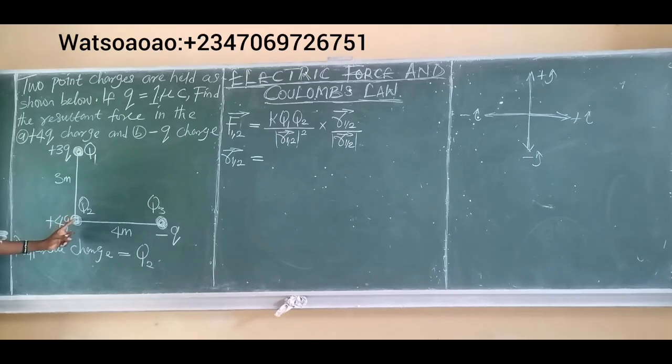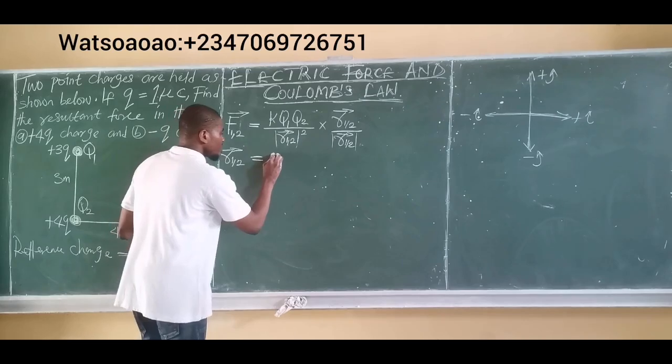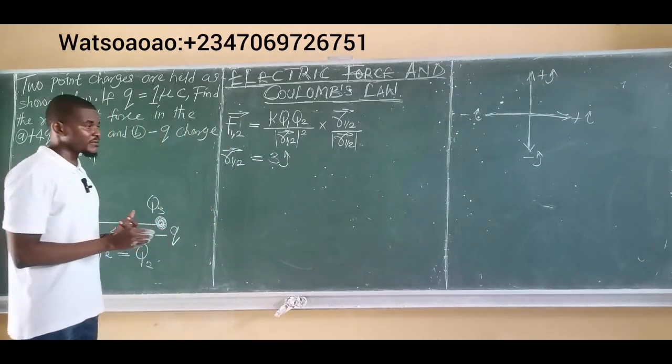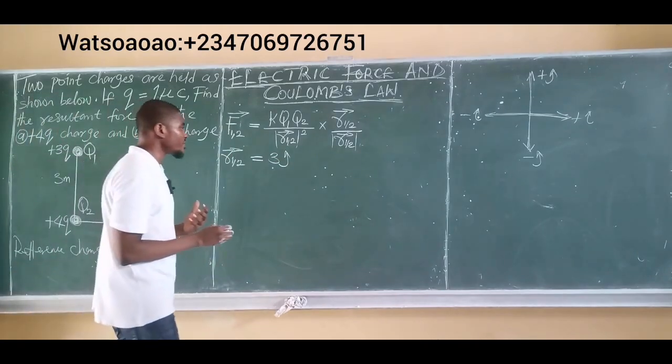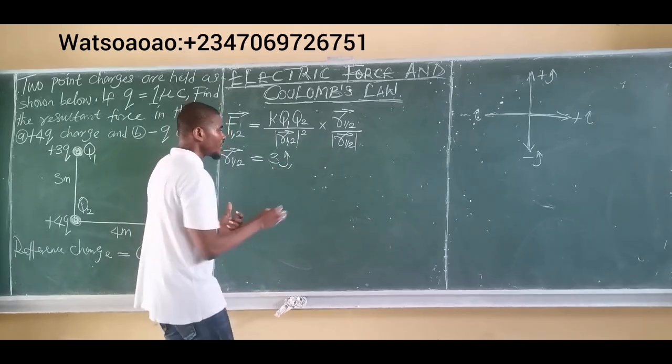If I move from the reference charge, observe that I am moving upwards and I have covered a distance of 3 meters. And remember, I said if you're moving upwards, the vector notation for that is positive j. That means the position vector between charge 1 and 2 is simply 3j, and it is positive. Having found this, the next thing is to find the magnitude of the position vector.